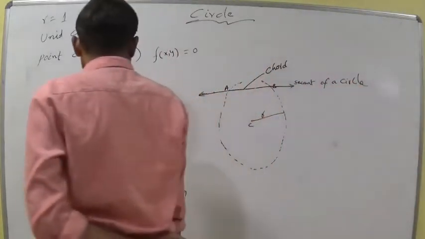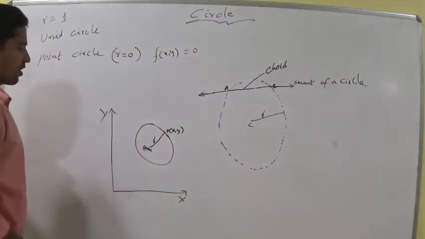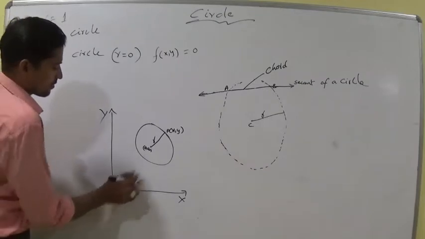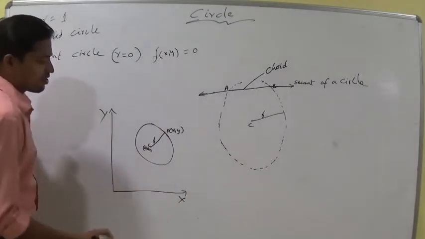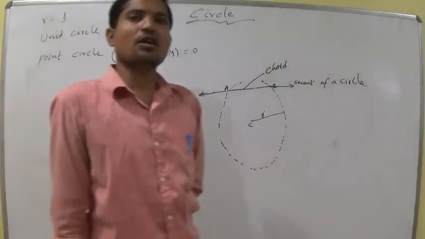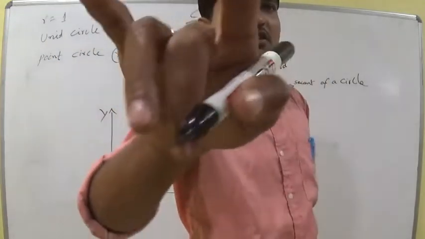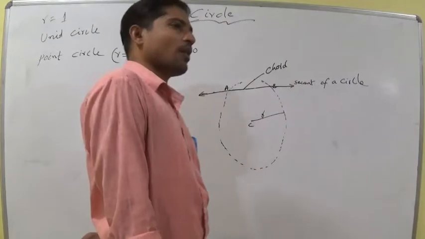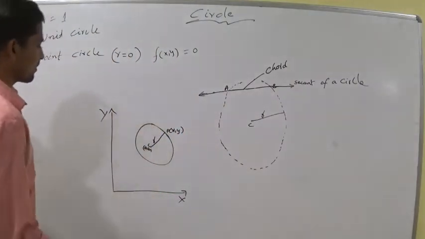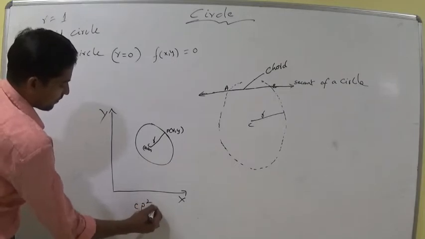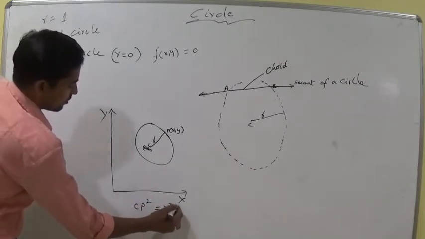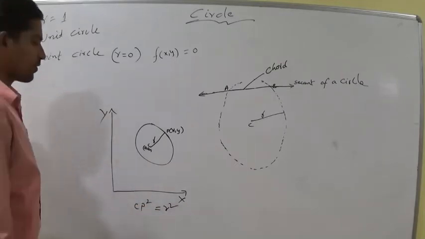Then the equation of a circle is: suppose C is the center of the circle, center is here A comma B, and a point on the circle is P x comma y. Then the equation of a circle is CP square is equal to R square.